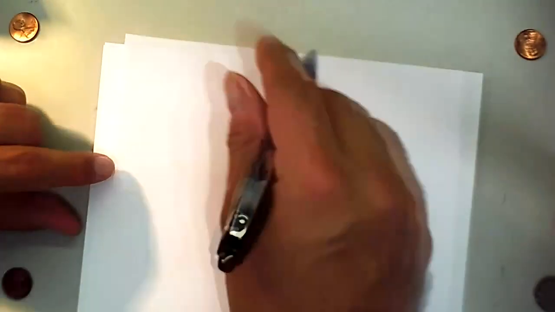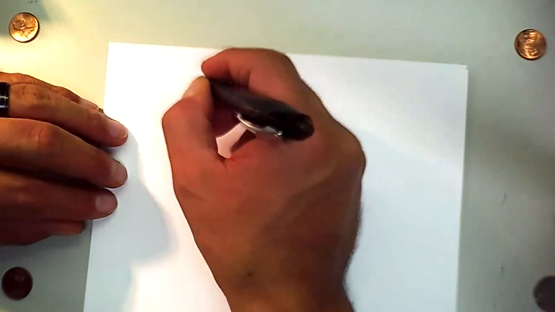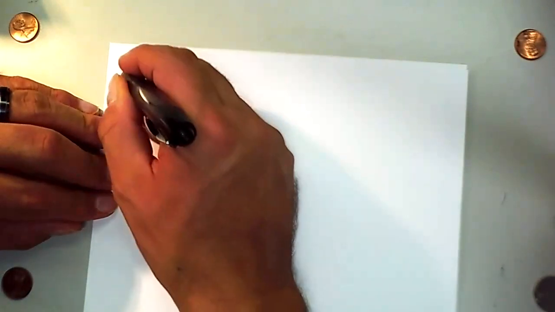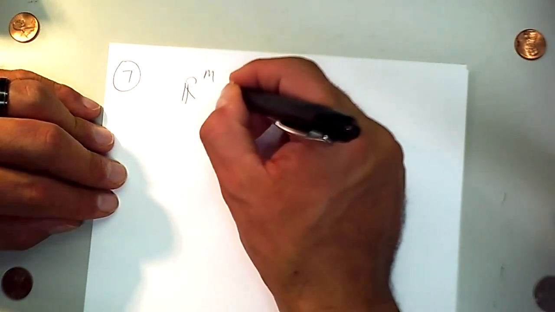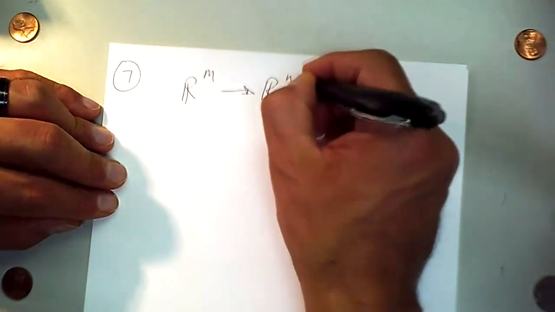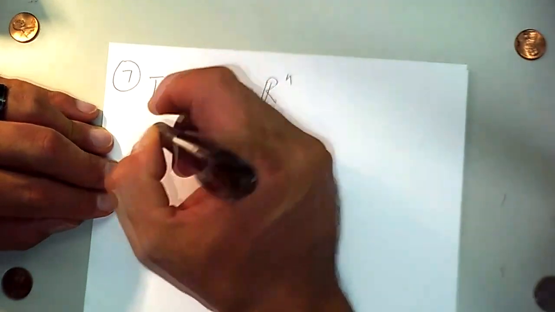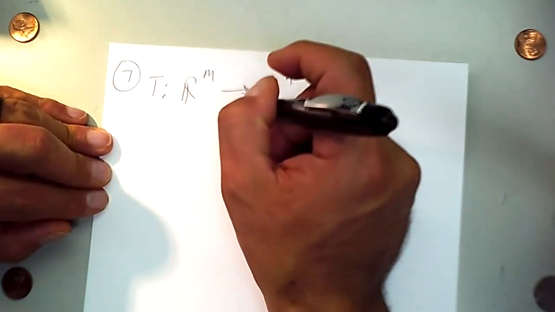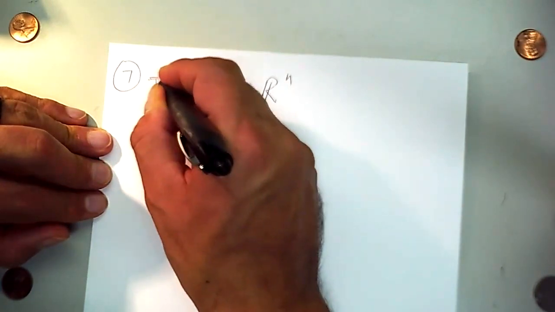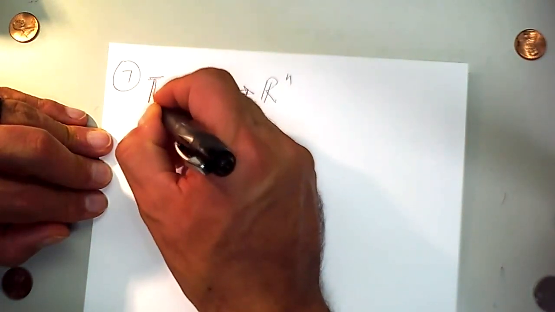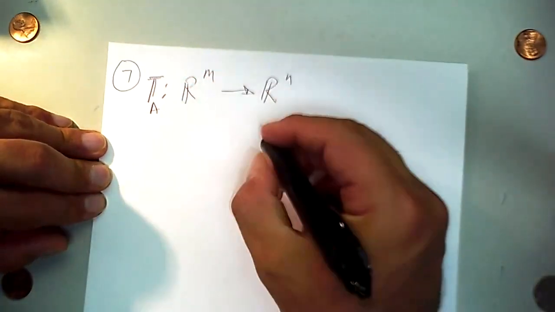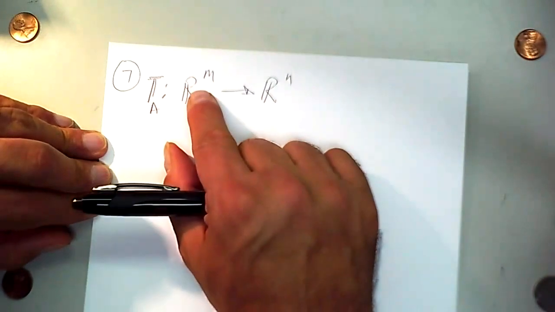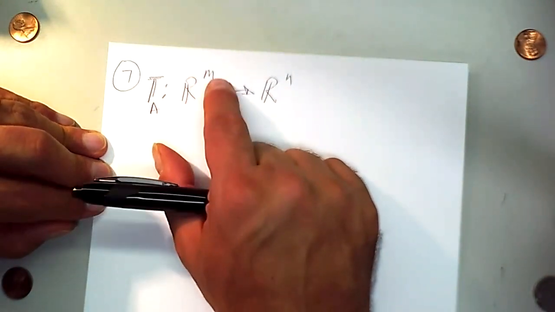If you have a vector space R to the m, so this is example 7, into R to the n, we can define a linear transformation by multiplying with a matrix A. So let's label this as T with an index A. We're taking column vectors that are dimension m.